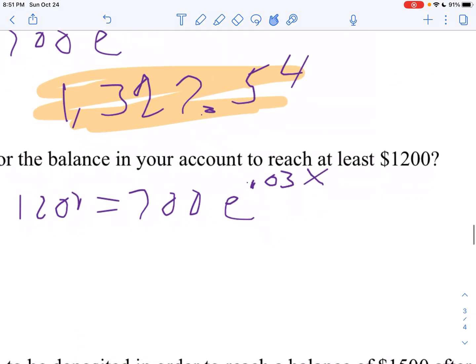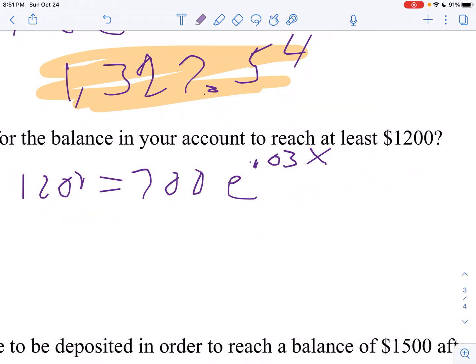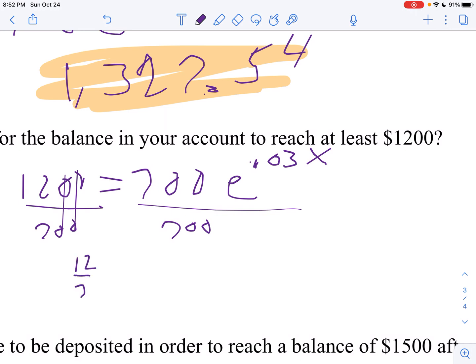Now we're going to solve this equation. I think what we'll do is divide both sides by 700. Notice my zeros reduce and I get 12 over 7 equals e to the 0.03t. Then I'll take the natural logarithm of both sides.